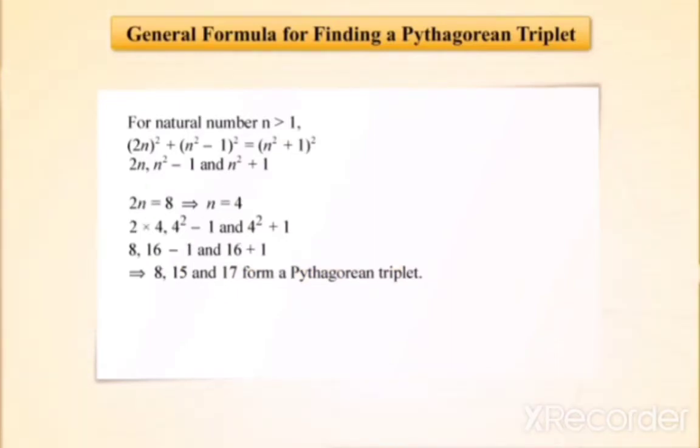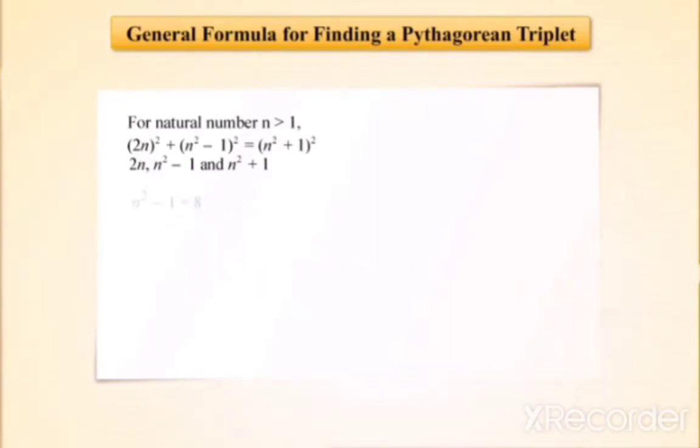You can also solve this problem by considering n square minus 1 is equal to 8. This implies that n square is equal to 8 plus 1, which is equal to 9. 9 can be expressed as 3 square.